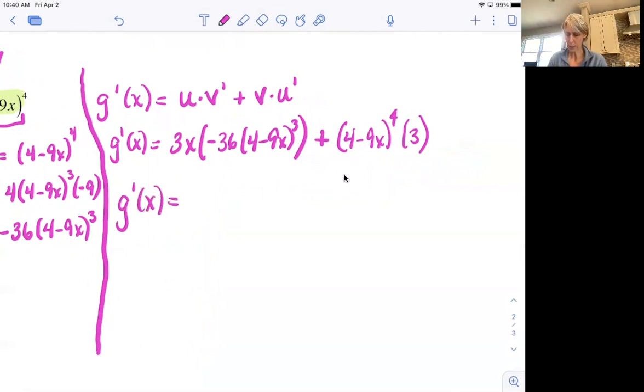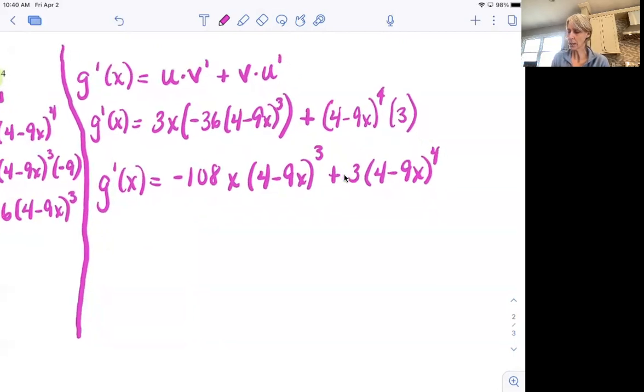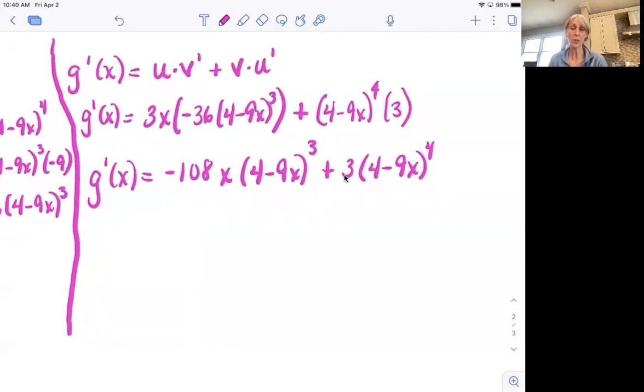So 3, I'm going to have negative 108x times (4 minus 9x) cubed plus 3 times (4 minus 9x) to the fourth. Technically, you're done, but sometimes in your calc class, you're going to have to factor this further.